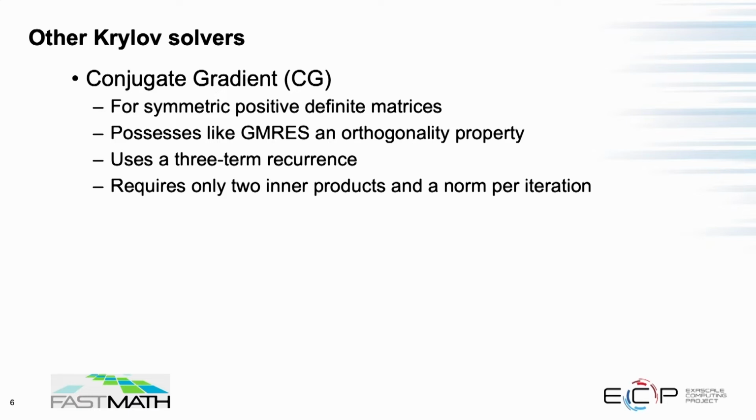We also have this additional property that instead of having to build up the entire Krylov space, we can rely on a 3-term recurrence formula. So we don't have to keep track of all of those Q sub i's like we had to in GMRES. And overall, each CG iteration is cheaper, as we only need 2 inner products and a norm per iteration.